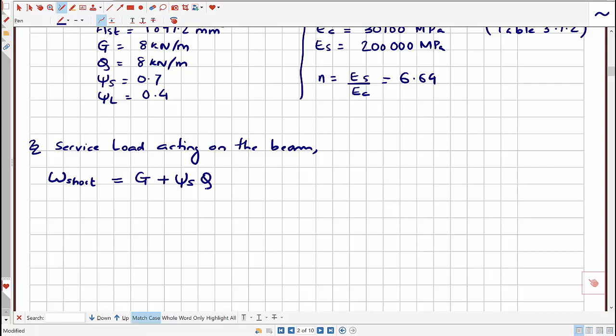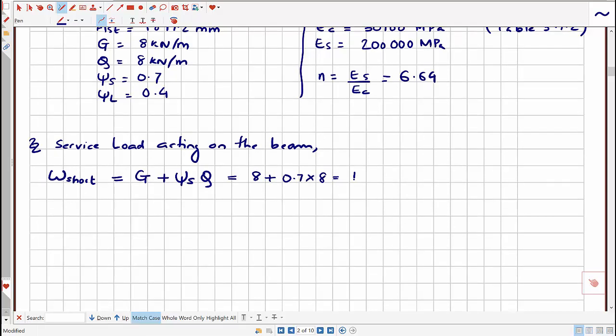We are considering the ultimate load scenario in that case, but this is before the yielding. This is for the serviceability limit state, and we don't have to consider that load combination here, but we are considering the short-term load factor, and we can just add up the live load and dead load here. So in this case, the short-term dead load is 8, short-term load factor is 0.7, and the live load is 8 as well, so that comes to 13.6 kilonewton per meter.